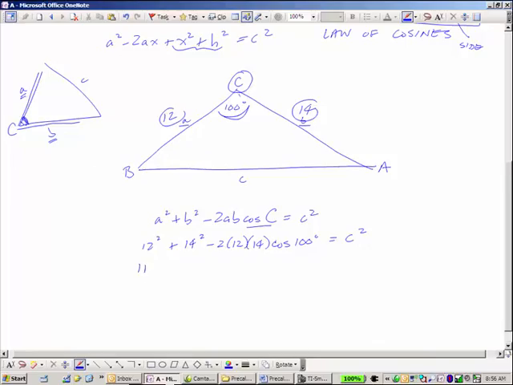All right. I'm going to need a little help on your calculators. So 12 squared is 144, plus 14 squared is 196. Now you're going to have to do minus the quantity, 2 times 12 times 14 times cosine of 100, making sure that you are in degrees. You're going to have to subtract that whole quantity.